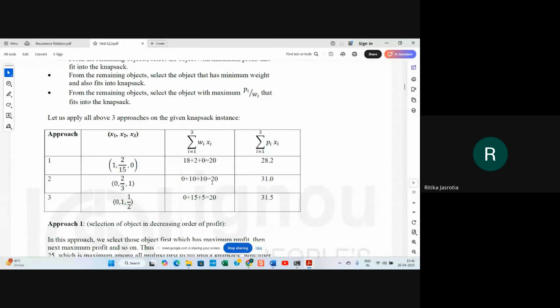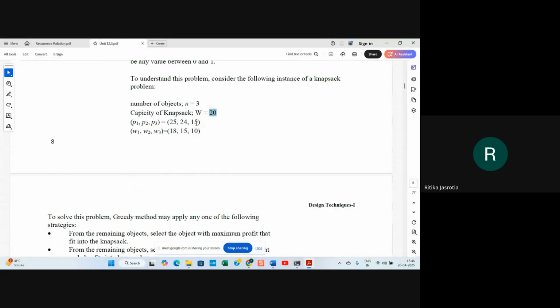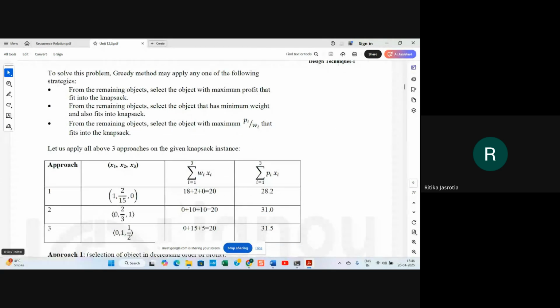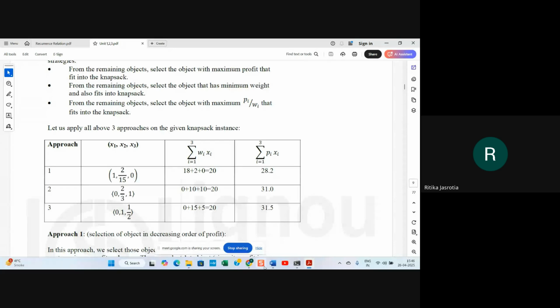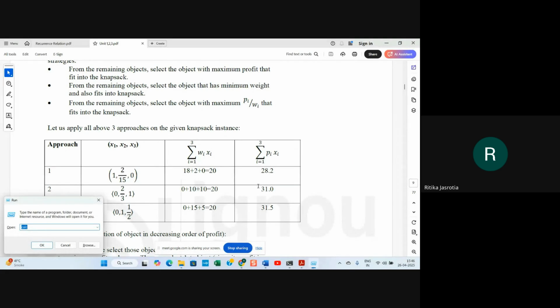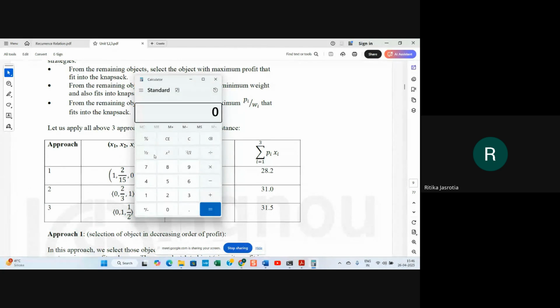So how much will we find out for the sum of PI times XI? 1 into the profit 15, plus 2 by 3 into 24. 2 by 3 into 24 will be equal to 16.